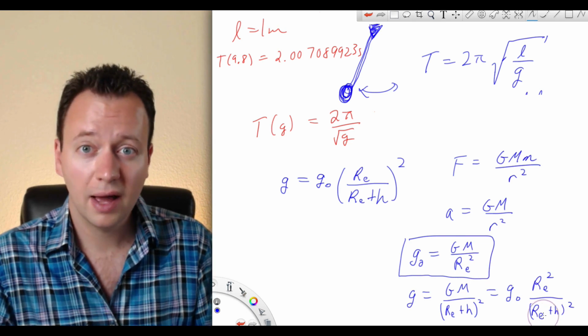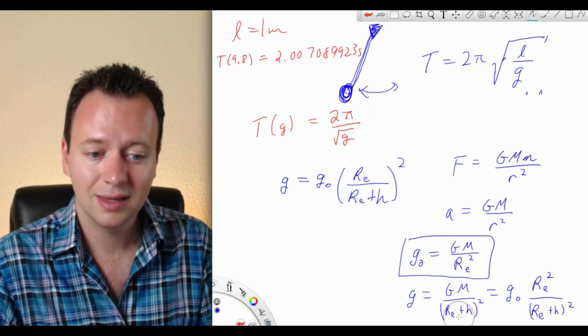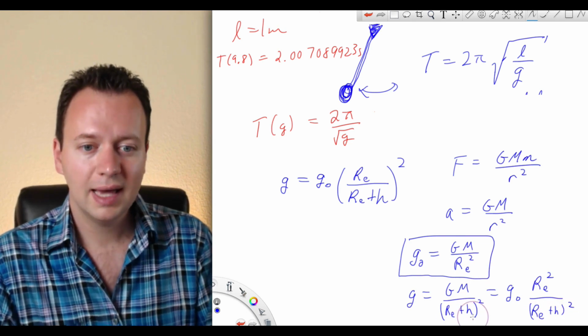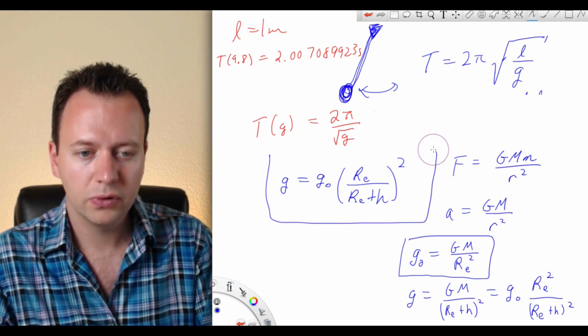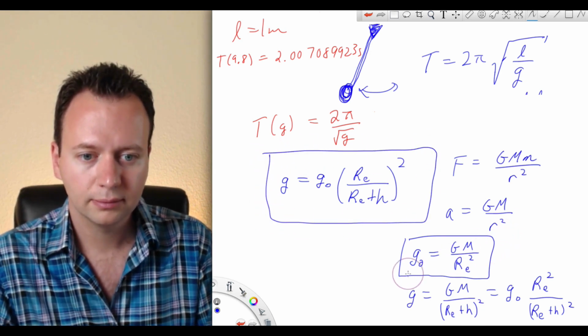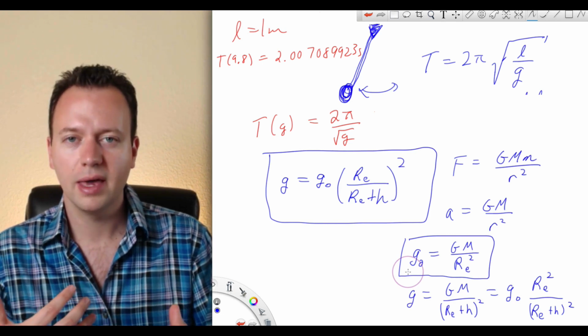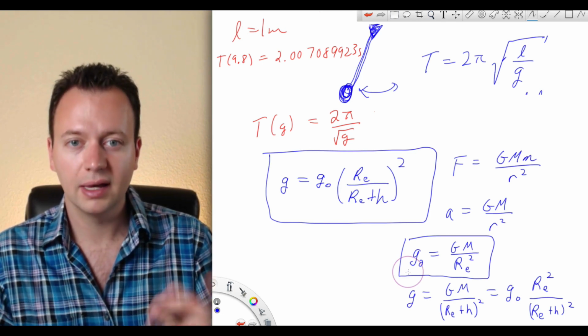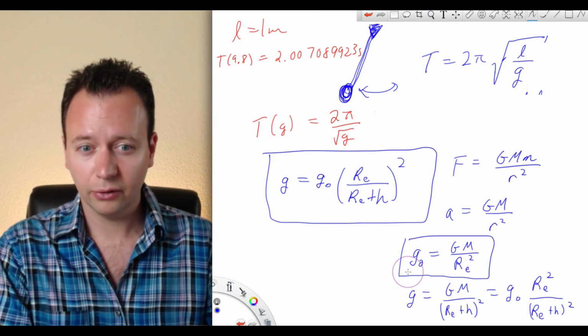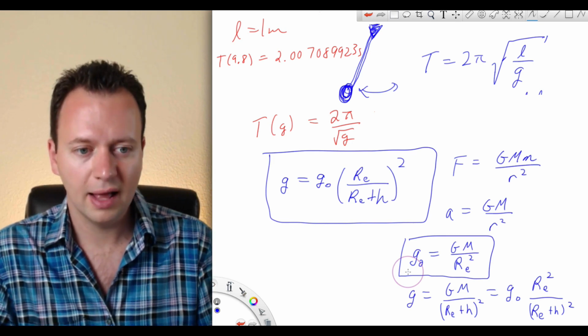Then by dividing by the radius of the Earth plus h, I'm going to get this in the denominator. So you can see how this equation follows from Newton's law of gravitation. It's just an easier way of expressing the acceleration due to gravity in terms of the sea level acceleration, the radius of the Earth, and the altitude.